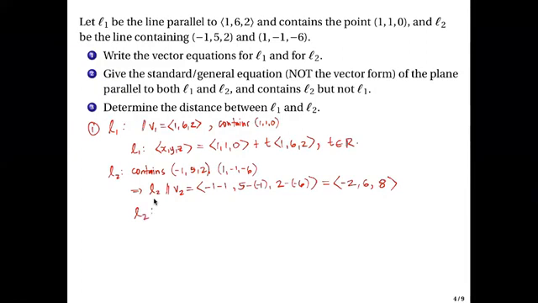Your L2 has vector equation given by this: ⟨x, y, z⟩ is equal to the vector ⟨-1, 5, 2⟩ plus, let's use the parameter s, s times ⟨-2, 6, 8⟩. So s here is any real number. Okay?